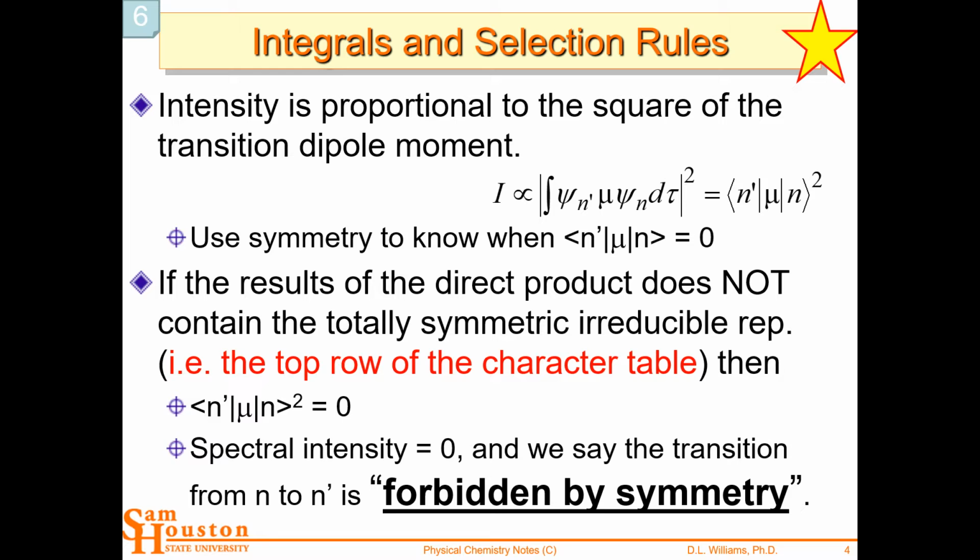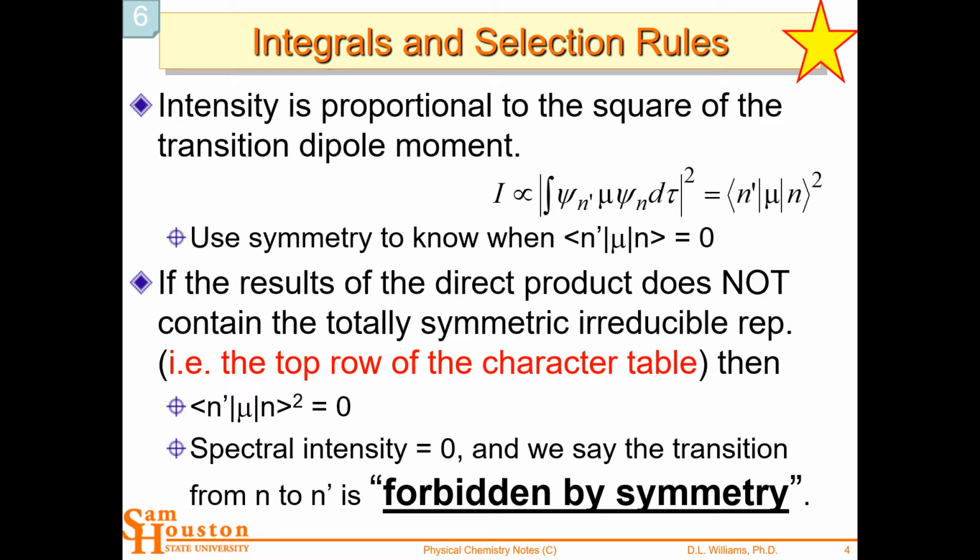This explains the simplicity of molecular spectra. There's a whole lot of transitions that theoretically could occur, but because symmetry makes them forbidden, they don't absorb light. So we might have seen just a continuum of spectral lines, but a lot of those have dropped out because of symmetry, and therefore we see fairly simple and understandable spectroscopic transitions.